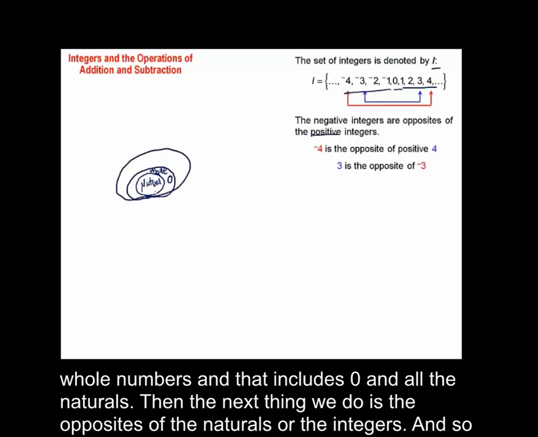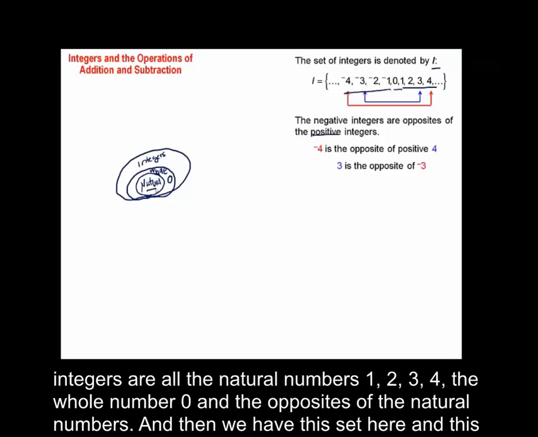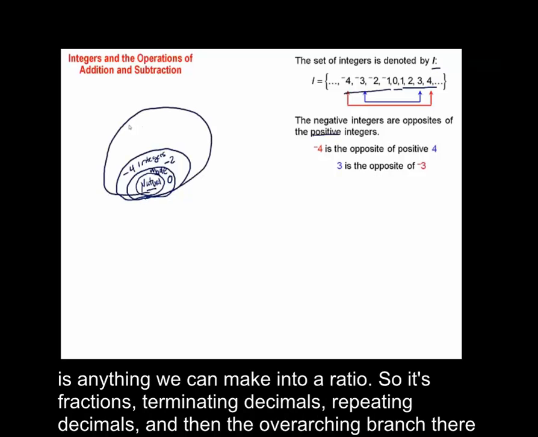Then the next thing we do is the opposites of the naturals, or the integers. And so integers are all the natural numbers, 1, 2, 3, 4, the whole number, 0, and the opposites of the natural numbers. And then we have this set here, and this is anything we can make into a ratio.